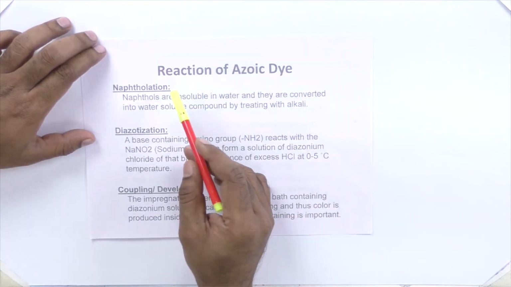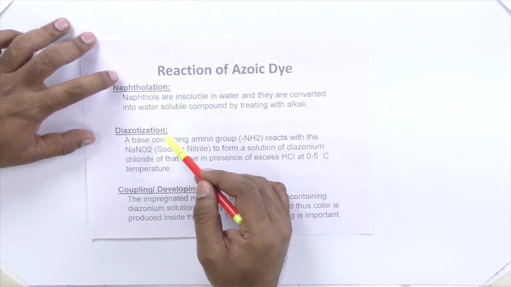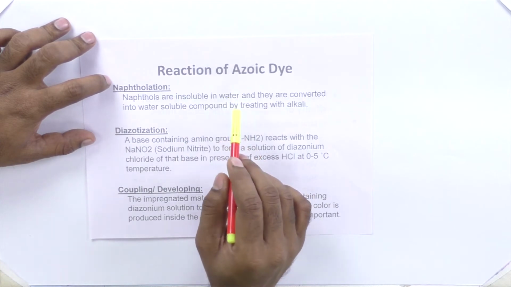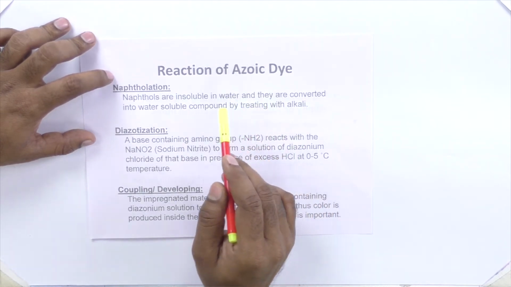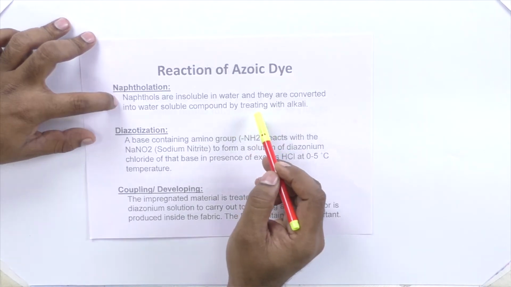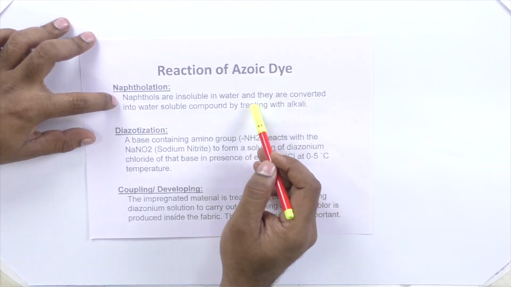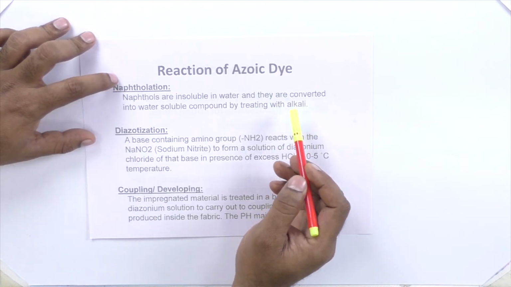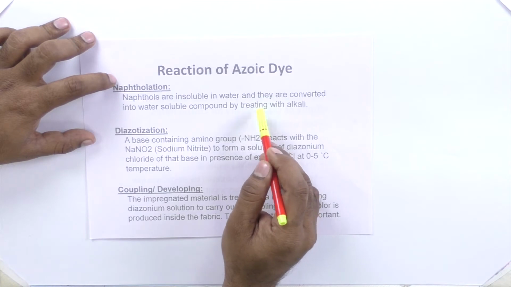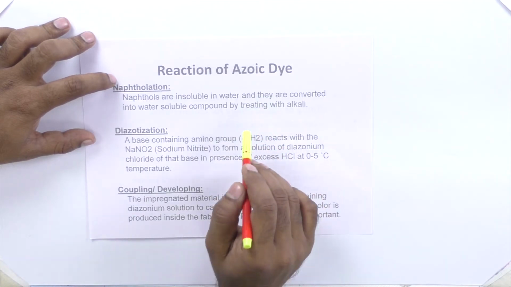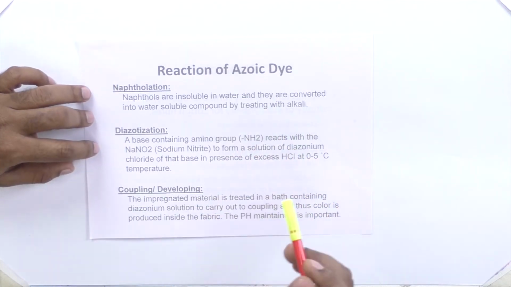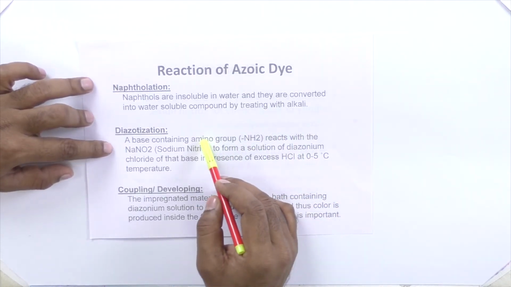So there are two compounds, naphthol and diazo compound. Naphthol is insoluble in water, so we have to convert it into soluble naphthol by naphtholation. Normally the naphthols are treated with alkali, sodium hydroxide, to convert the insoluble into soluble form. Naphthols don't have affinity or substantivity towards cellulosic fibers even in dissolved form. The base is also insoluble in water.